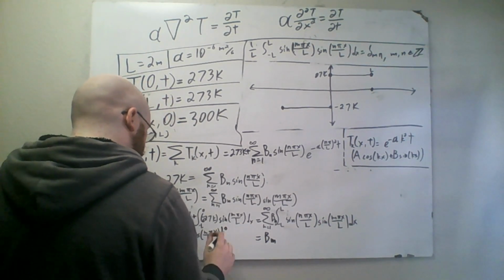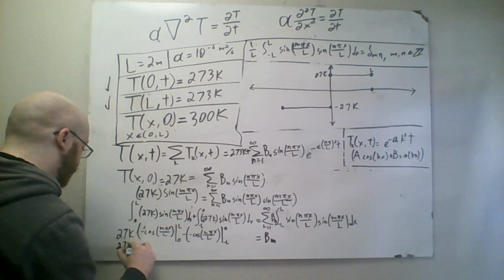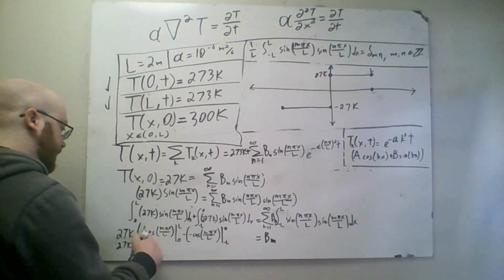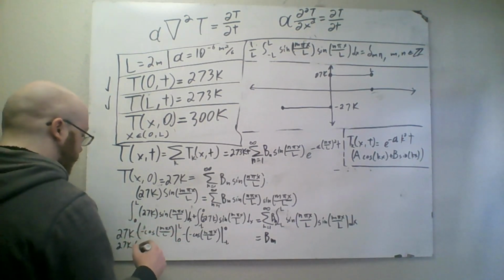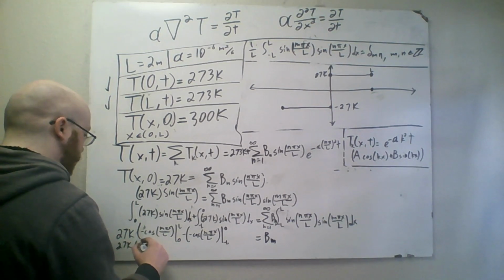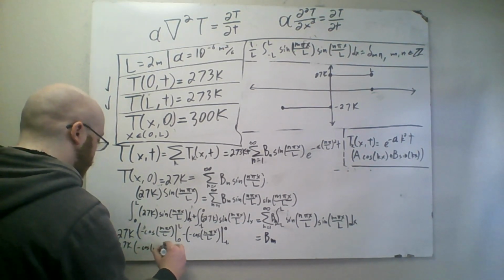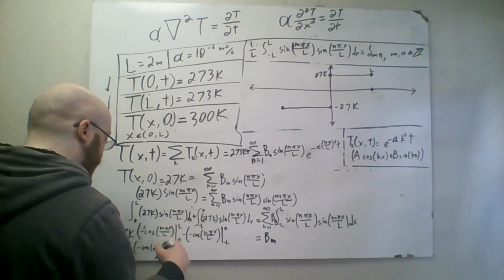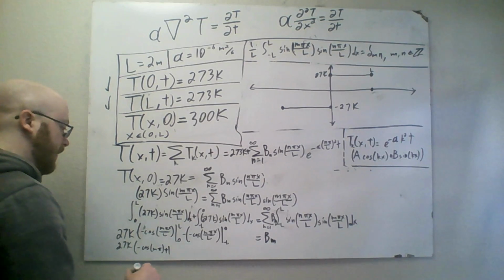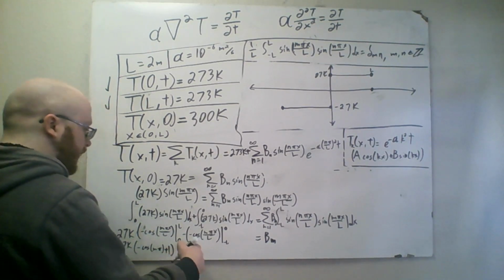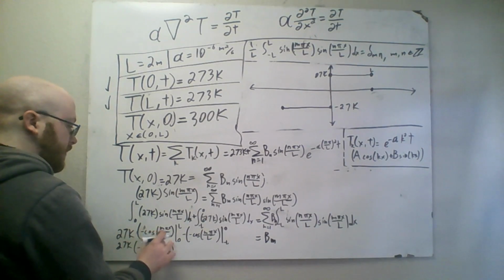Yeah, and what this turns into is 27k times, you plug in L, you end up getting m pi, negative m pi, which is pi, you plug in 0, you just get 1, and it's minus 1, so this is 1 plus that. And then this is the same as that. This is the exact same as this.